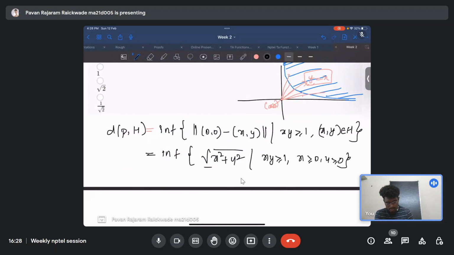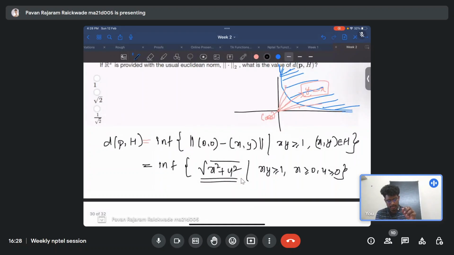So what is this quantity? This is just the length of every point in that set. For any point in the set, the square root of x squared plus y squared is this length, and we have to minimize it.